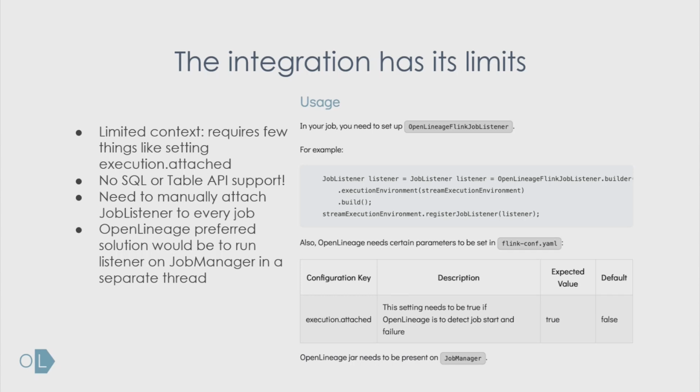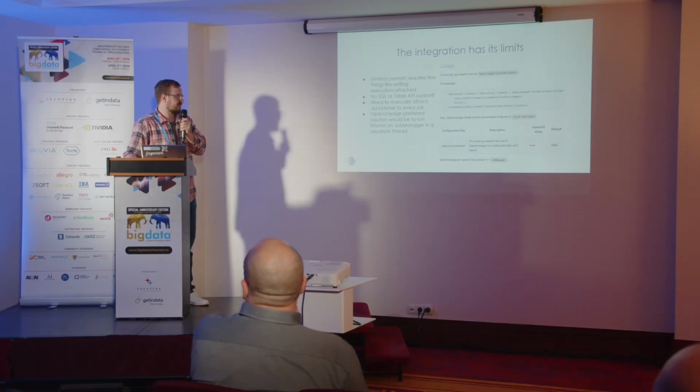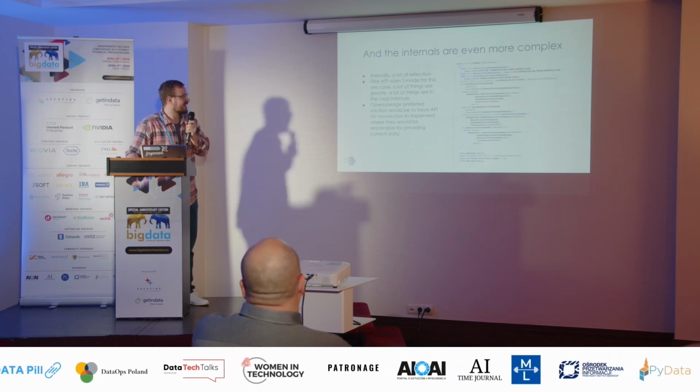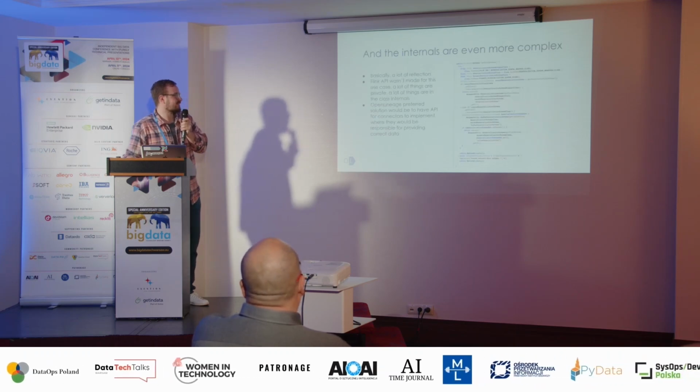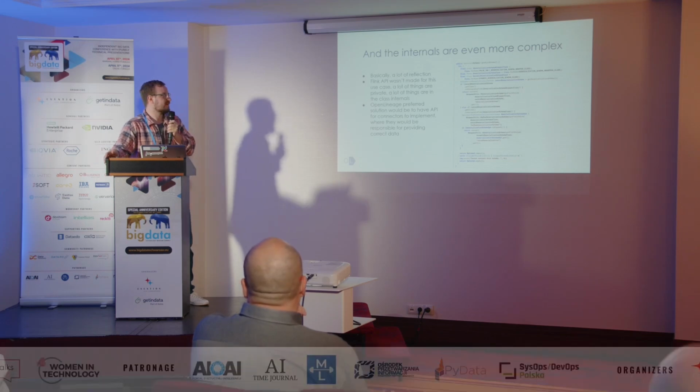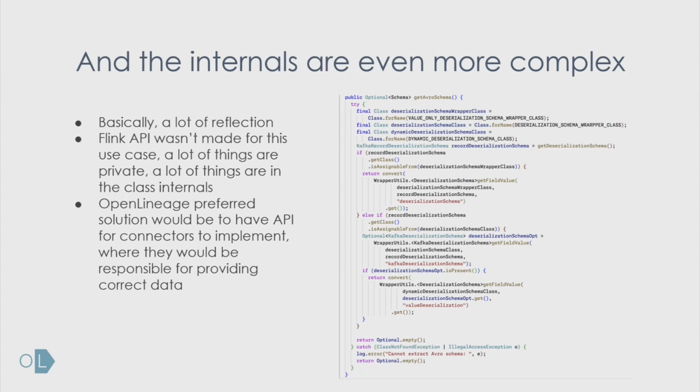So we don't actually know what job is running then, and it's not ideal for the use case. We would prefer to do something else, but there are even worse things, like a lot of reflection. The Flink API wasn't made for the use case that we're using it for, which is looking at the transformations that occur, sources and sinks, and getting information from inside, right?